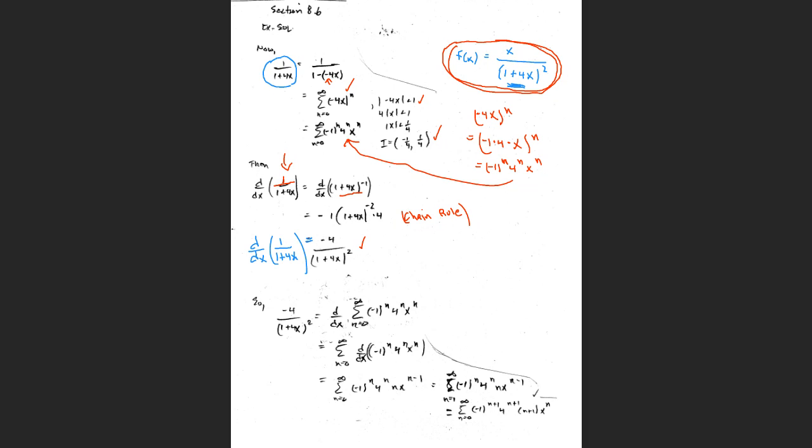So, one moment. Hold on. So the derivative of 1 over 1 plus 4x equals negative 4 divided by the 1 plus 4x squared. Okay.